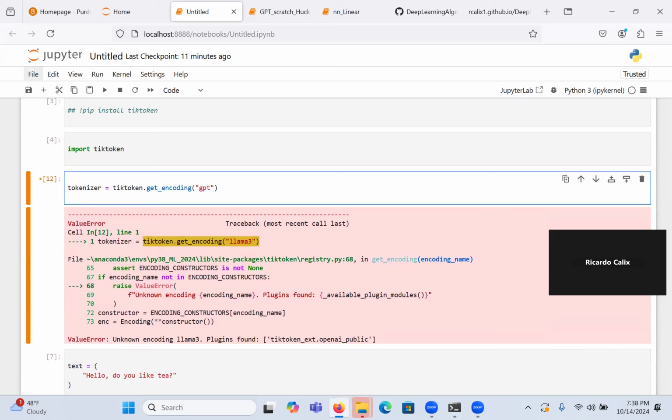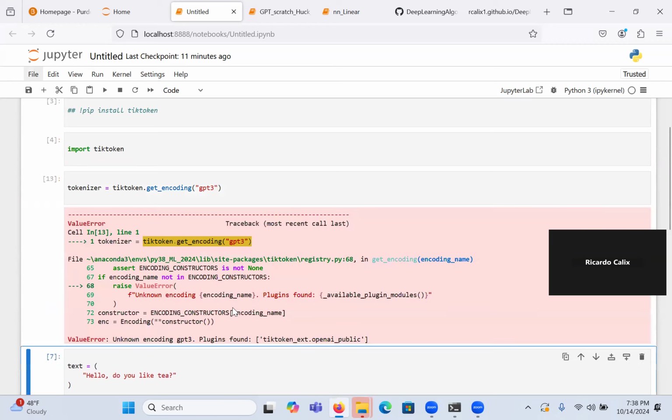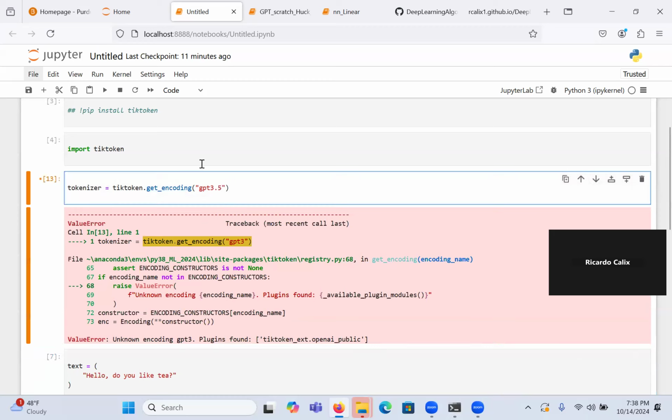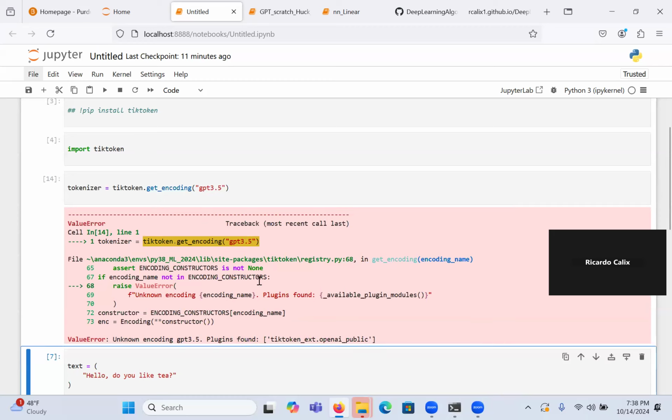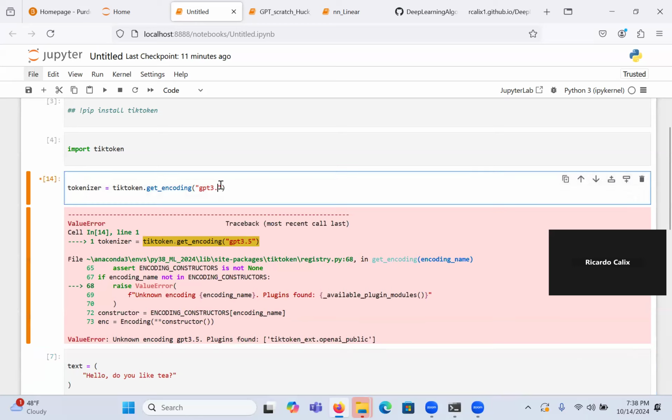You read my mind. So GPT-3. I think there's GPT-3.5. I just don't know how they wrote it. They're not public either. Yeah. So GPT-2 may be what we have.